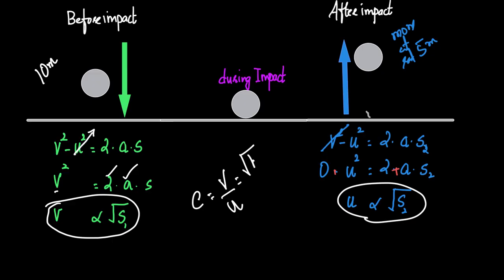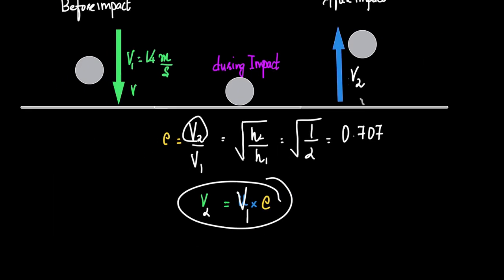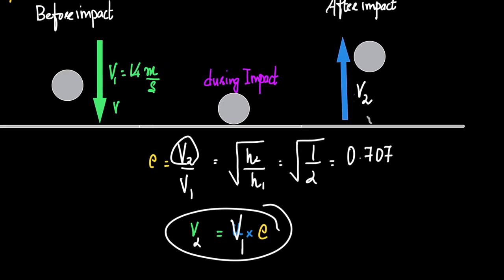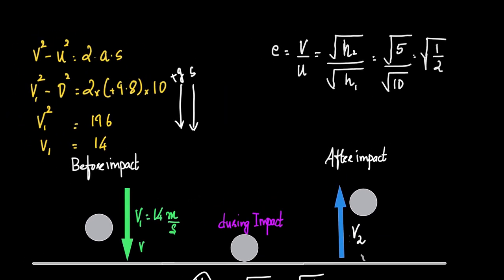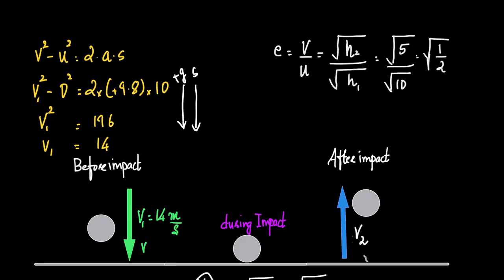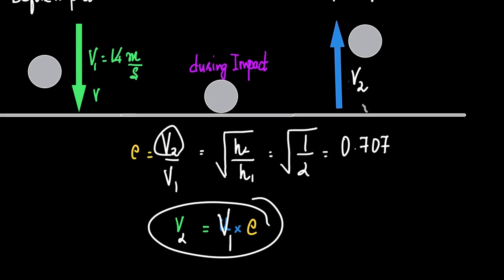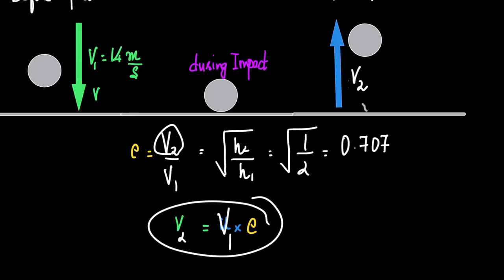So this is actually root of h2 divided by root of h1, which is root of 5 by root of 10, root of 5 by 10, which is root of 1 by 2, which gives us the value of e roughly as 0.707.